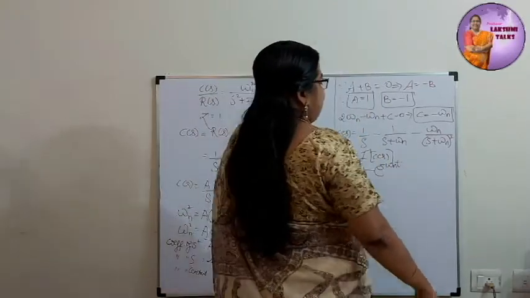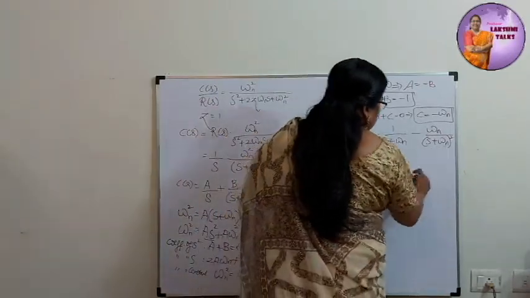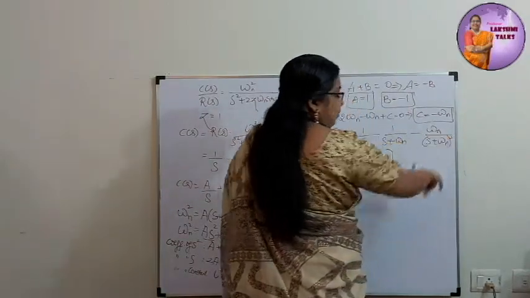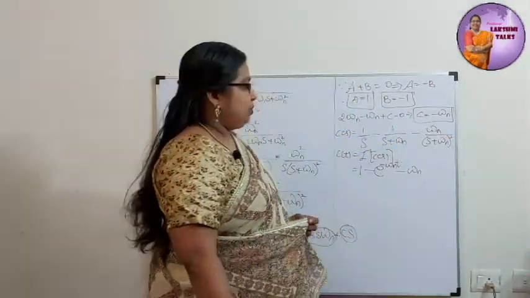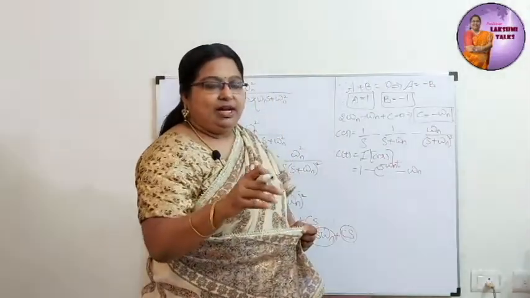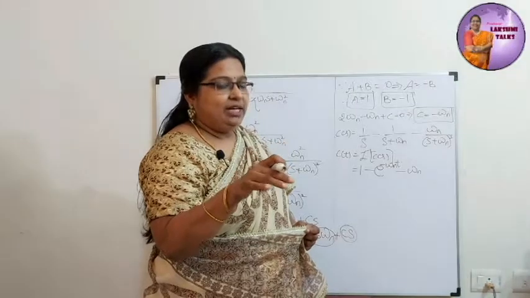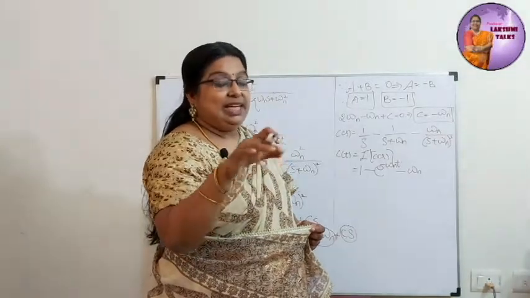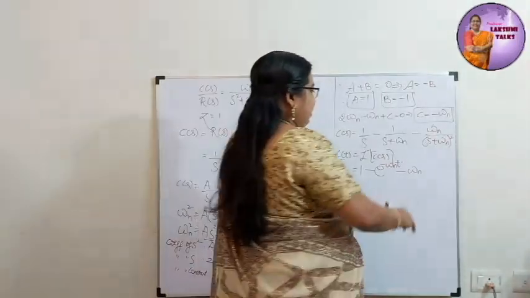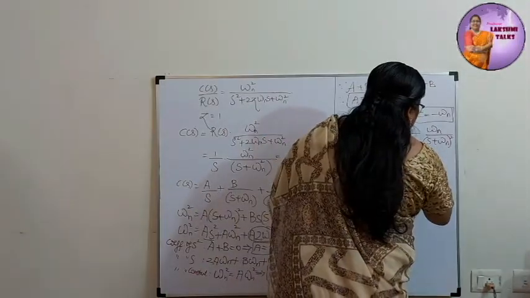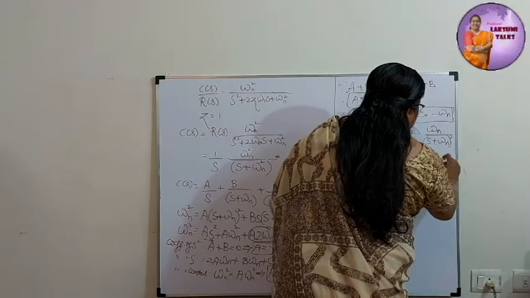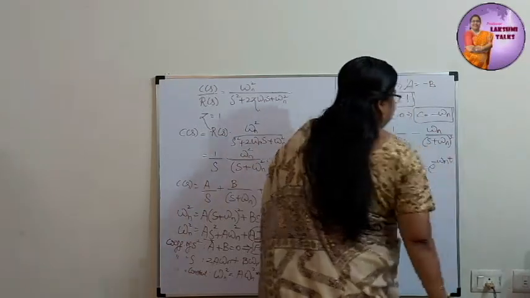And what about this one? See here, this omega n is constant. So we have just 1 by s plus omega n the whole square. So when it is 1 by s square, we know that Laplace inverse is t, right? So when it is 1 by s plus a the whole square, e power minus a t into t. Okay. So here similarly we have t e power minus omega n t.